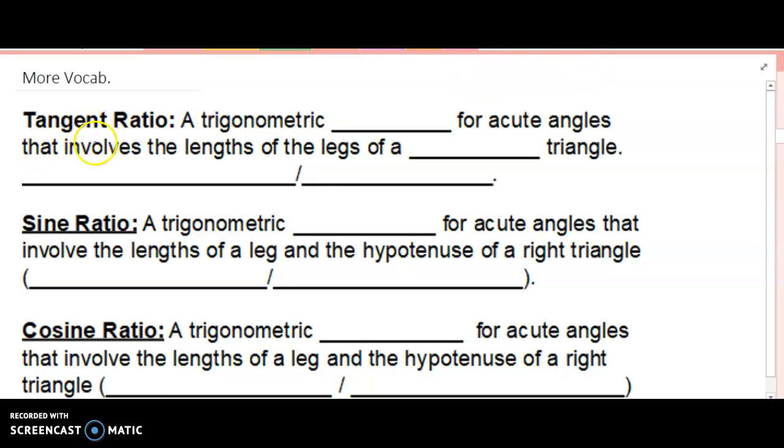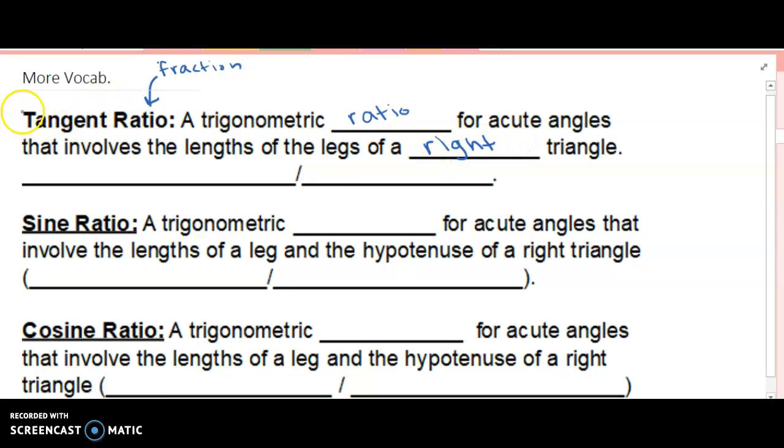All right, so in trig, we have 3 ratios, okay? We have the tangent ratio, the sine ratio, and the cosine ratio. Those are our main ones. And so we're going to be doing a lot with sine, cosine, and tangent. And notice it's a ratio. And when I say ratio, you should be thinking a fraction, okay? So the tangent ratio is just the trigonometric ratio for acute angles that involve the lengths of the legs of a right triangle, okay?